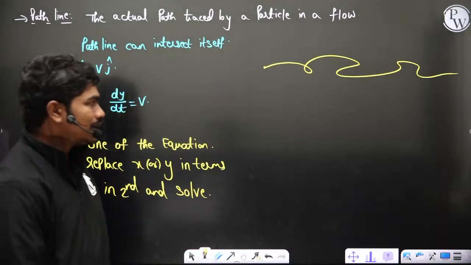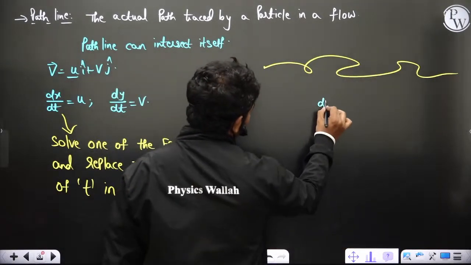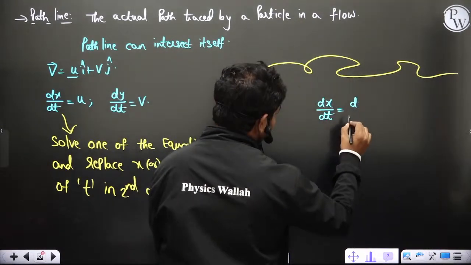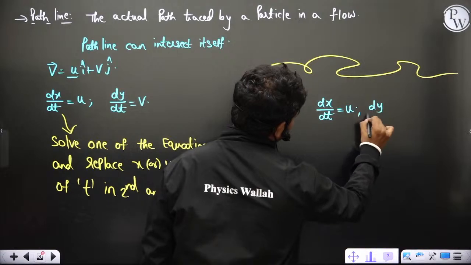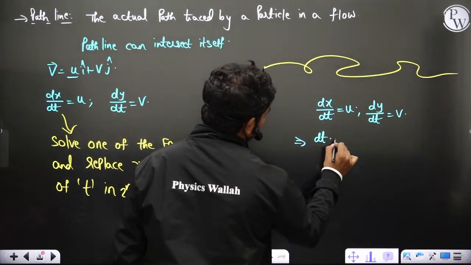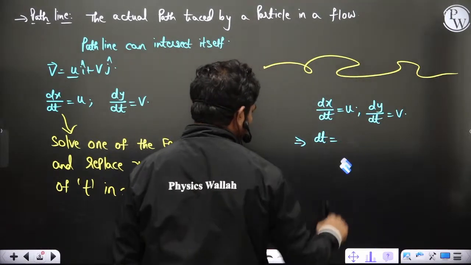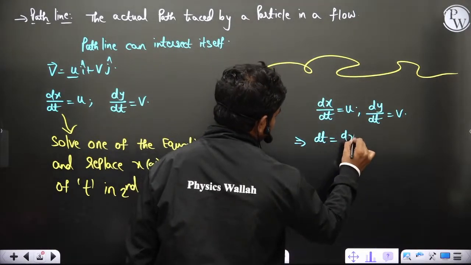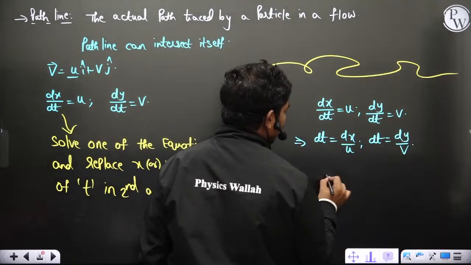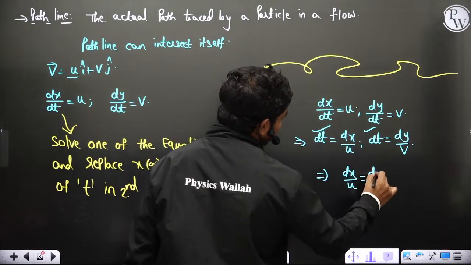Guys, I want to tell you one thing. In a few books, which I don't want to mention the names of right now, they'll tell you dx by dt is equal to u, and dy by dt is equal to v. So what they write is dt is equal to dx by u, and dt from the other equation is dy by v, and they'll tell you this is dt, this is dt, so dx by u is the same as dy by v.